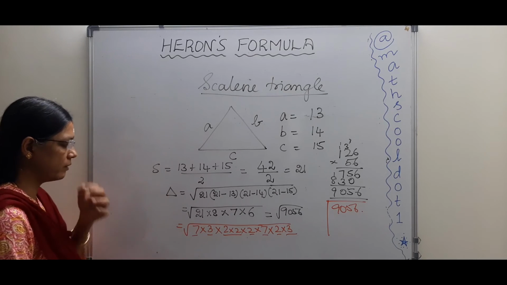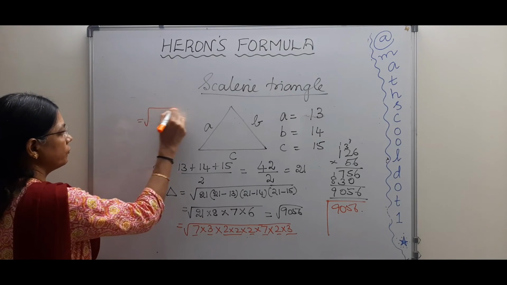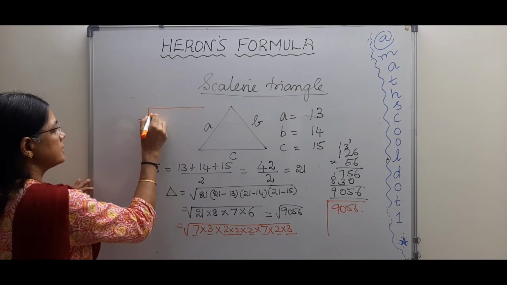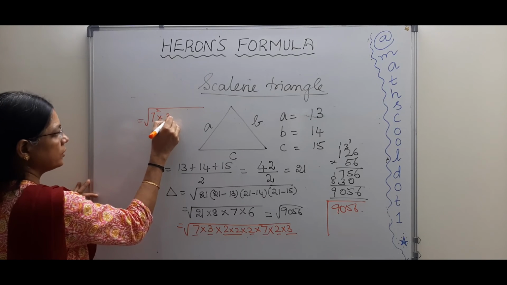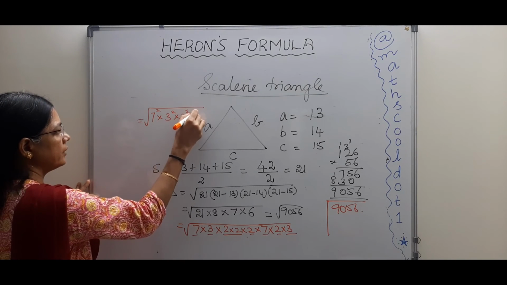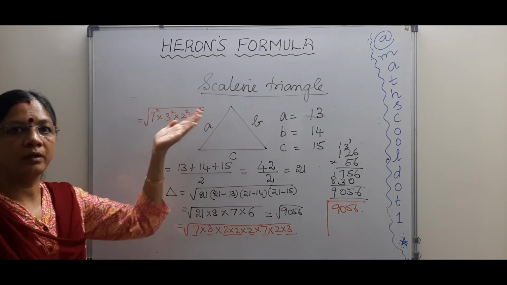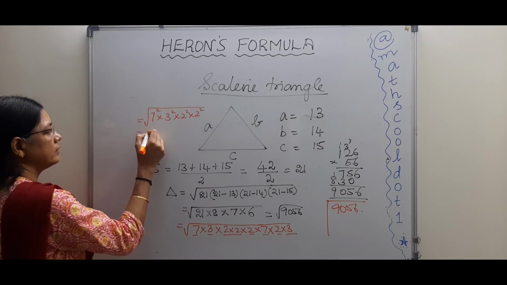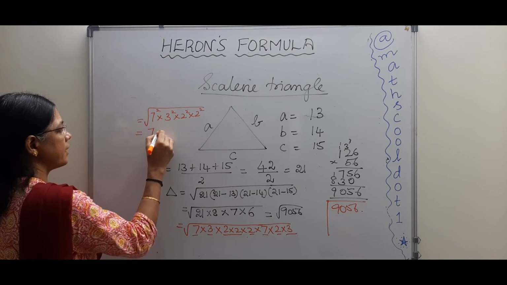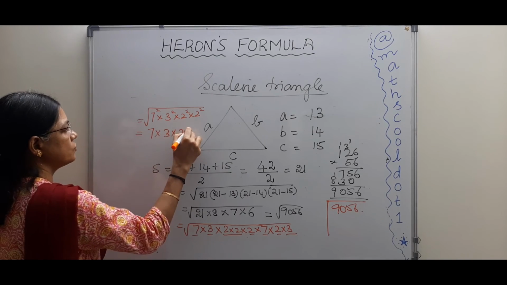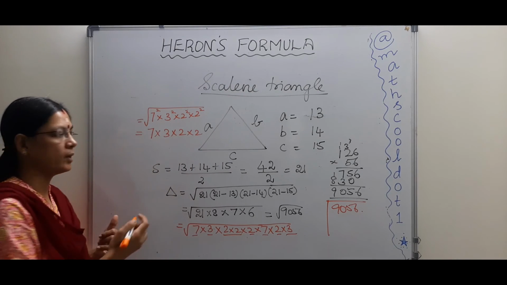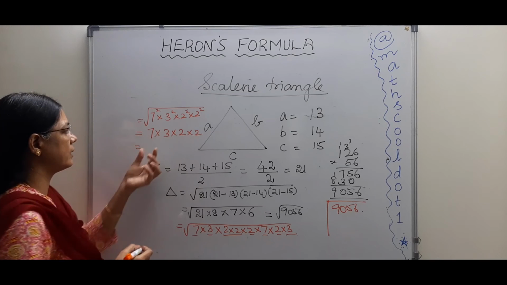So we write root of 7 squared into 3 squared into 2 squared into 2 squared. Taking out of the square root, 7 into 3 into 2 into 2. For each square I take one number out, so that simplifies my calculation.